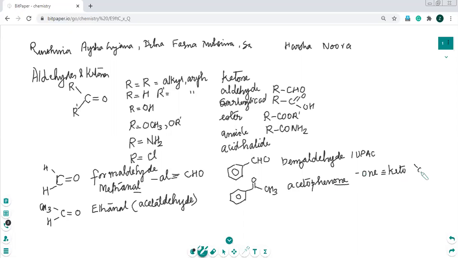That is this group, with both sides alkyl or aryl. So this is acetophenone.